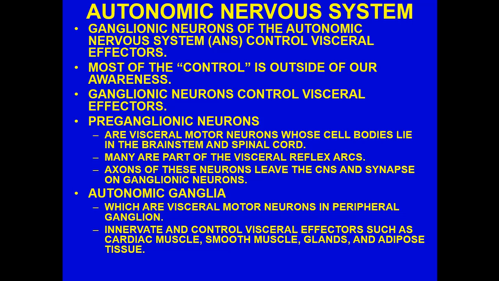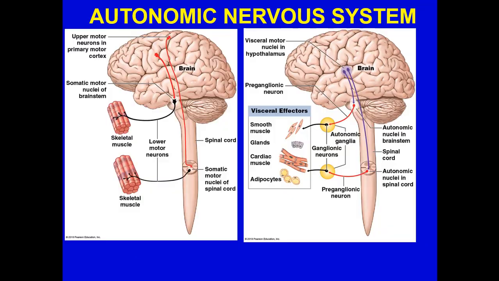Many of these are part of our visceral reflex arcs. Axons of these neurons leave the CNS and synapse on ganglionic neurons. Autonomic ganglia, which are visceral motor neurons in peripheral ganglia, will innervate and control visceral effectors such as cardiac muscle, smooth muscle, glands, and adipose tissue.